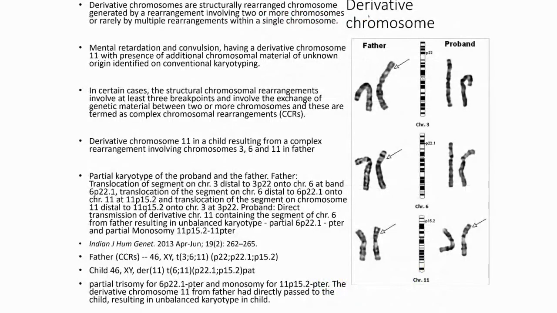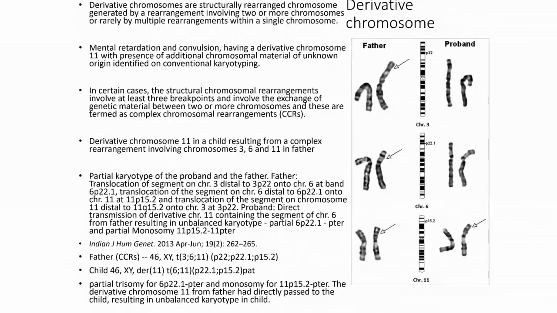Okay, the derivative chromosome. So you can see here, 46 chromosomes, XY male, derivative 11.